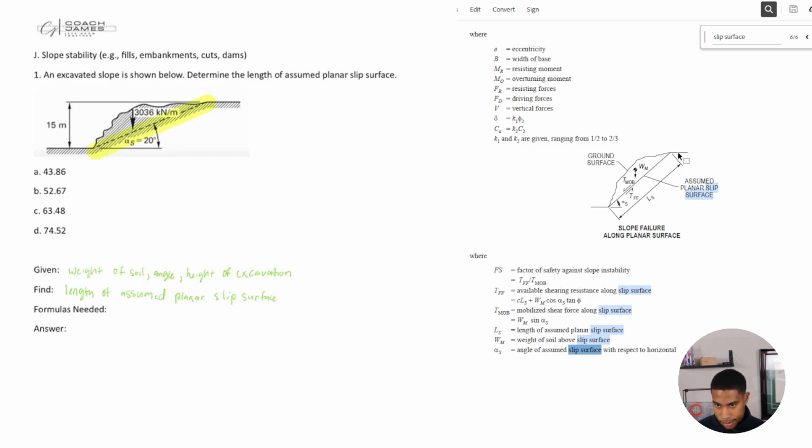So if we want to determine the length of that slip surface, they give me an angle of the slip surface from the horizontal. They also give me the height, right? So if I have an angle and I have a height, can I use trigonometry to get this?